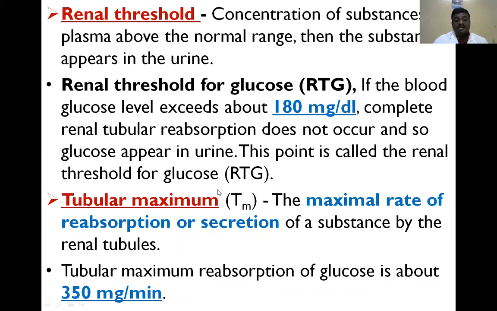This point is called the renal threshold of glucose. So you can remember that the renal threshold of glucose is 180. Next, tubular maximum: the maximum rate of reabsorption or secretion of substances by the renal tubules. The tubular maximum reabsorption of glucose is about 350 milligrams per minute. Here you need to remember that the renal threshold of glucose is 180 milligrams per deciliter.